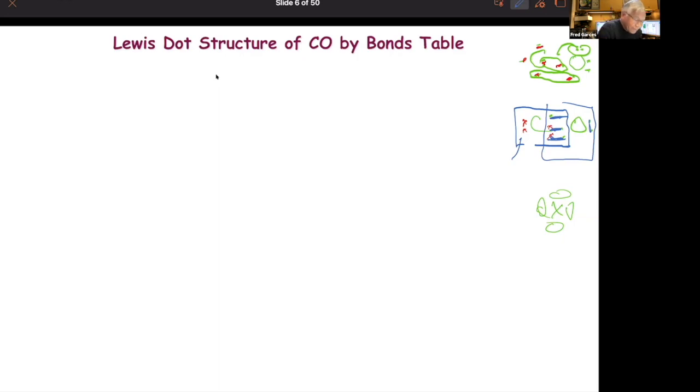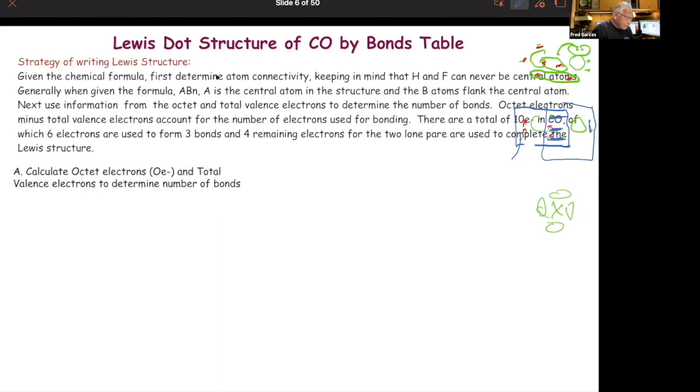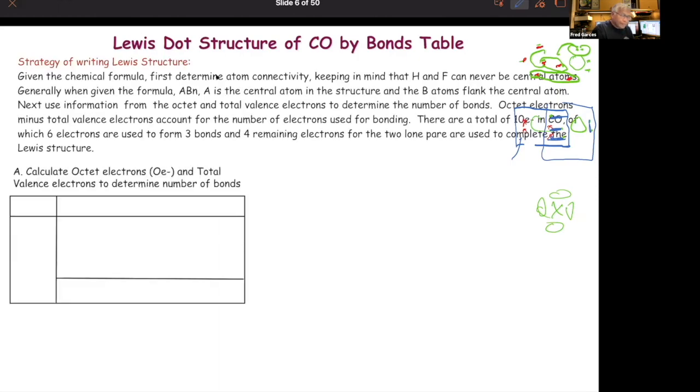So, like I said, it's a simple chemical, but let me show you using this simple chemical how the bond table works. You set up a table like this, where you put the formula in the upper left corner, and then you break down the atoms in that formula, and then you put two more columns here, OE and TVE.